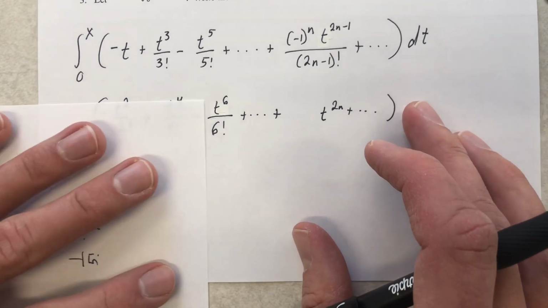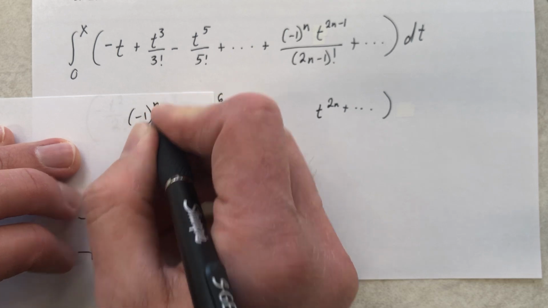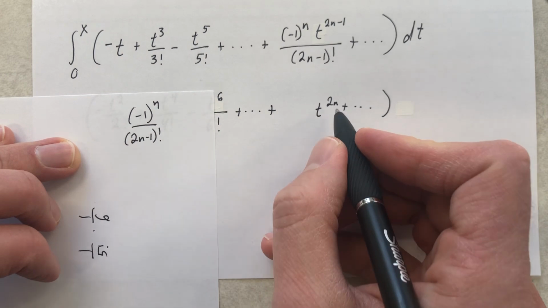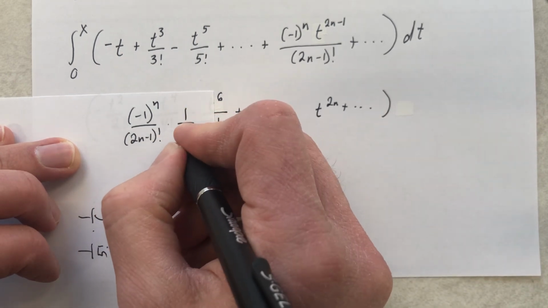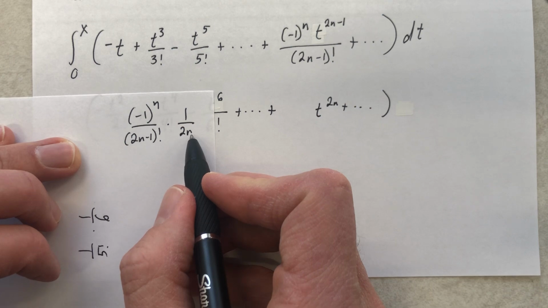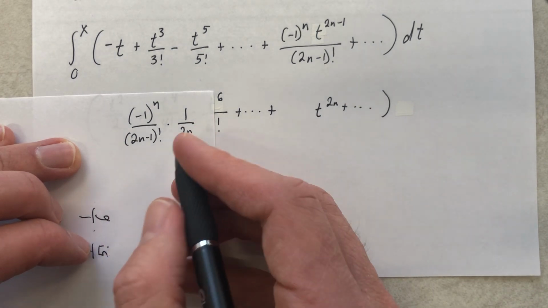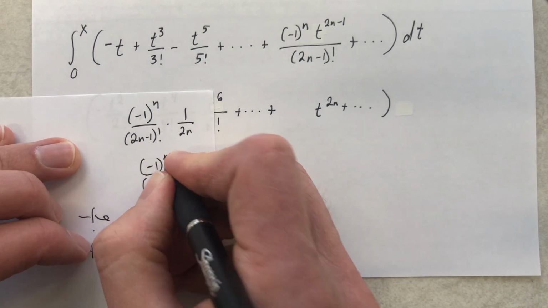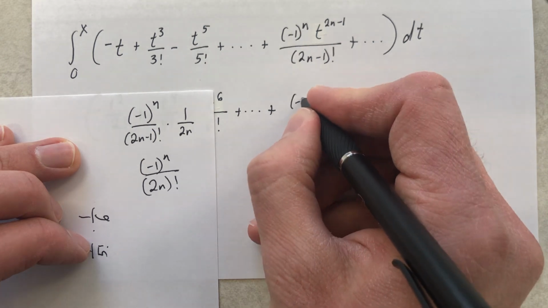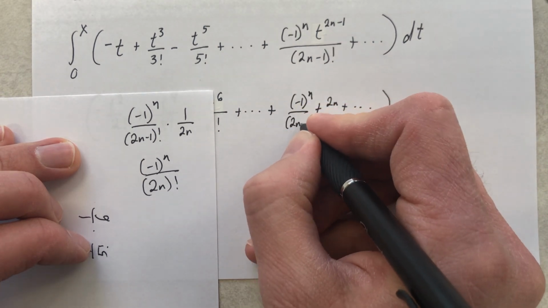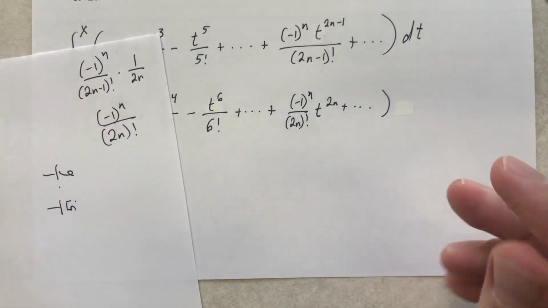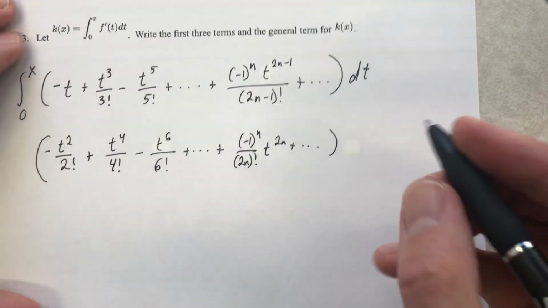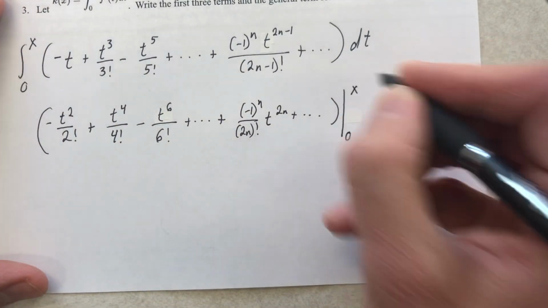It's my old coefficient, 2n minus 1 factorial, divided by my new exponent, which is 2n, so times 1 over 2n. And then I have 2n times 2n minus 1, 2n minus 2, and so on, well, this is just 2n factorial. There we go. That's what it is, negative 1 to the n over 2n factorial. And this is going to happen from 0 to x.